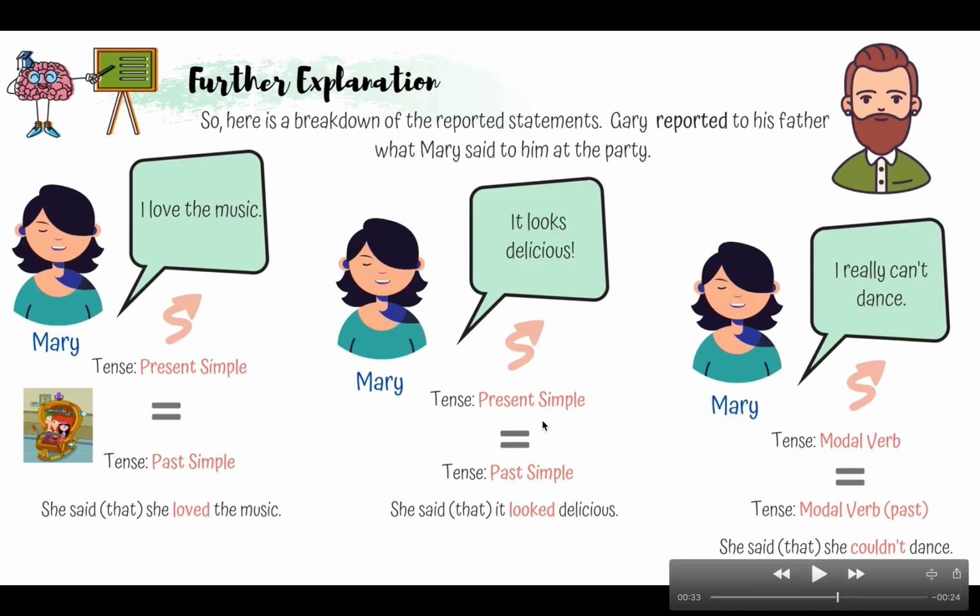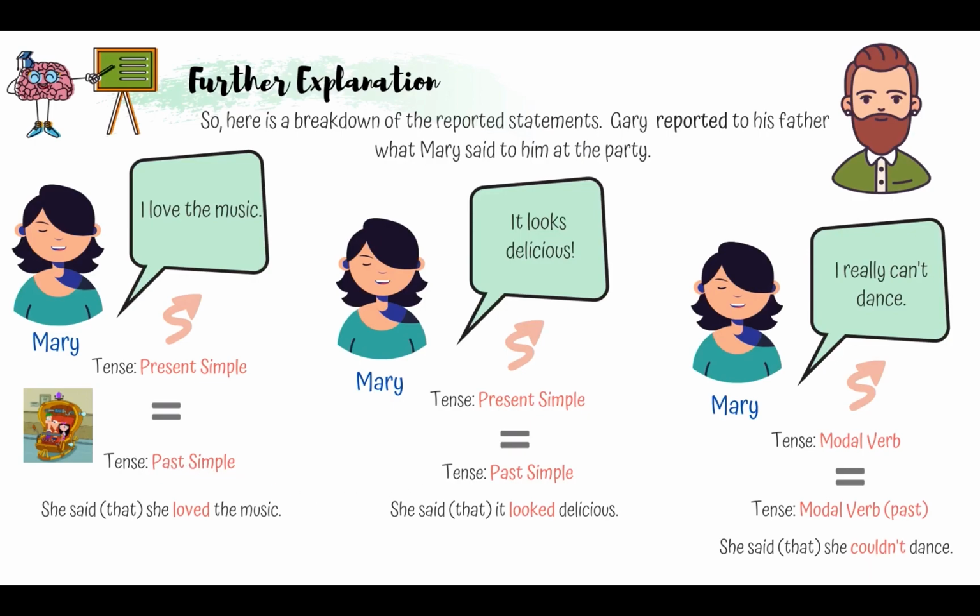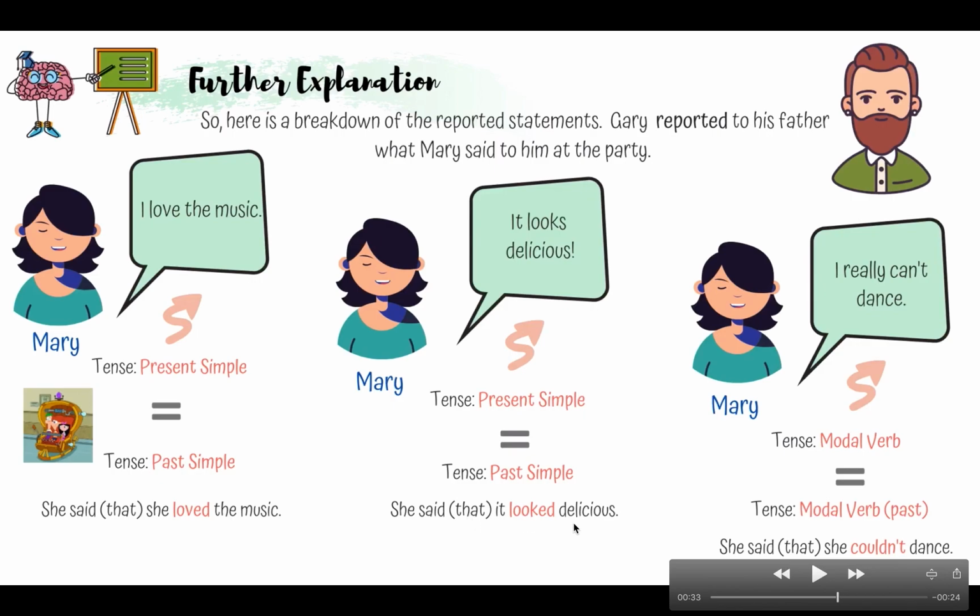So the present simple then has to go back in time to our time machine, further back to the past simple. So she said, because it's Mary speaking, that it looked delicious. Now, the it is referring to the cake. And looks is the present simple, and in the past simple, it's looked.